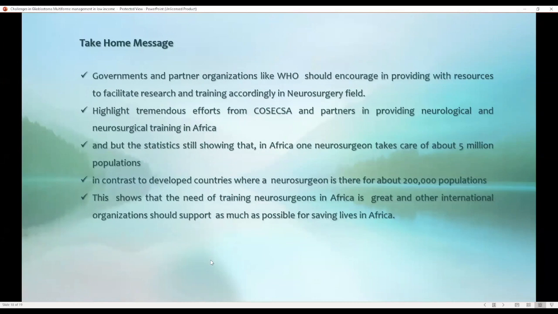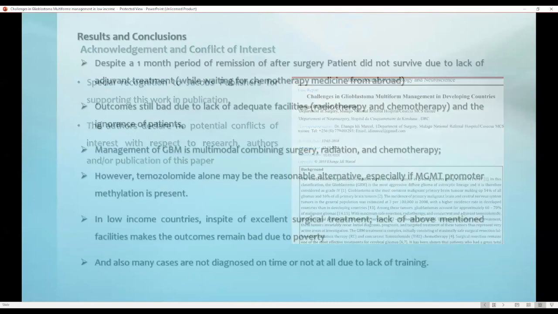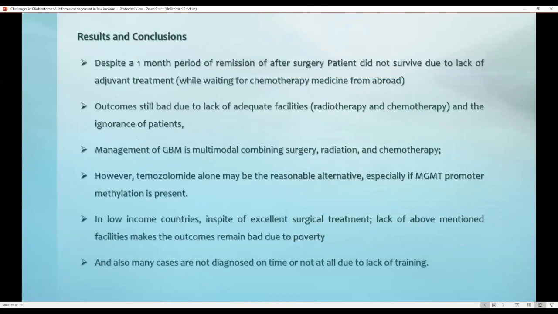So what happened in these parts of the world, where we did this operation, which was in Congo, is that the patient was discharged home after testing all functions.